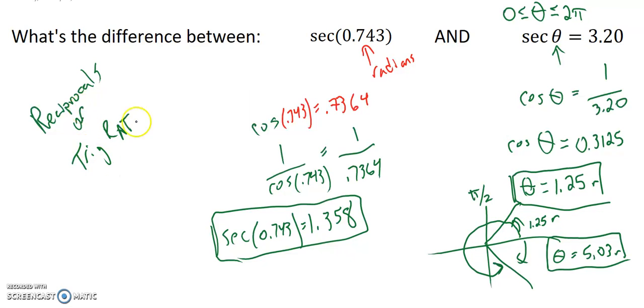So when I was finding the secant of 0.743, I first found the cosine, that's my trig ratio, and then I took the reciprocal. When I was solving the theta for secant theta equals 3.20, 3.20 was my trig ratio. So I took the reciprocal of that and then used inverse cosine. We take reciprocals of trig ratios, not reciprocals of angles.